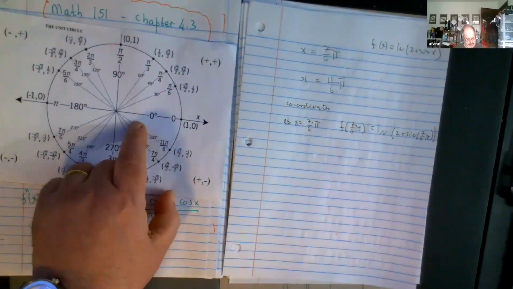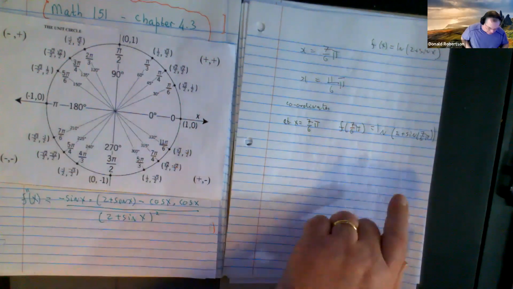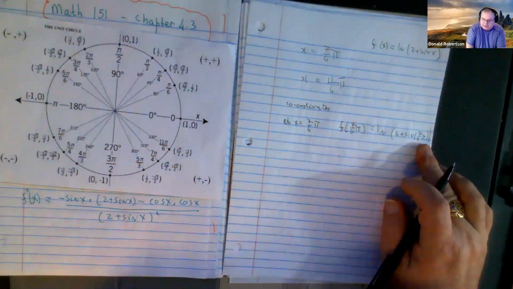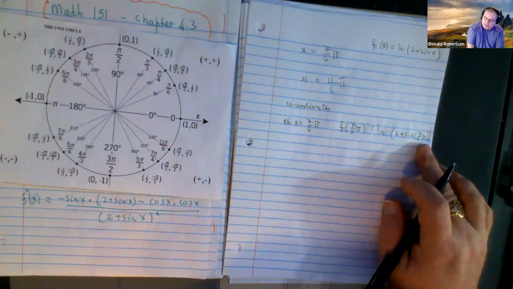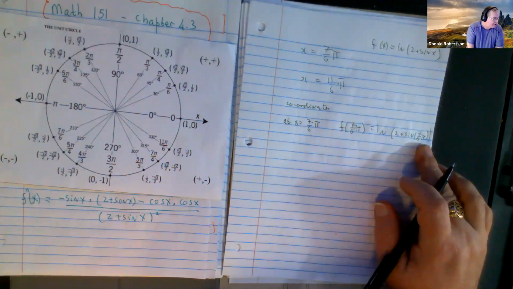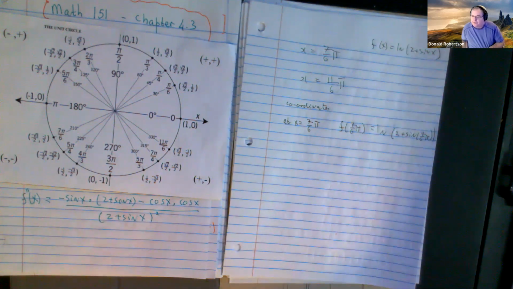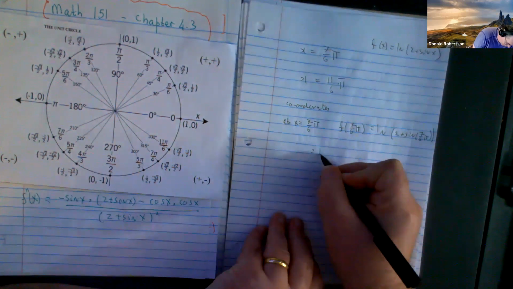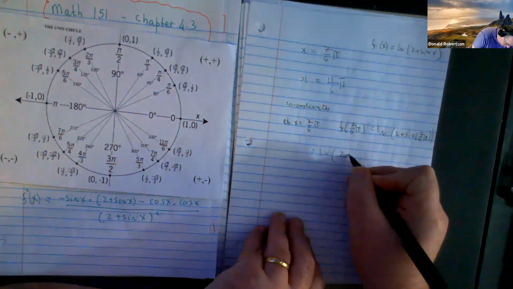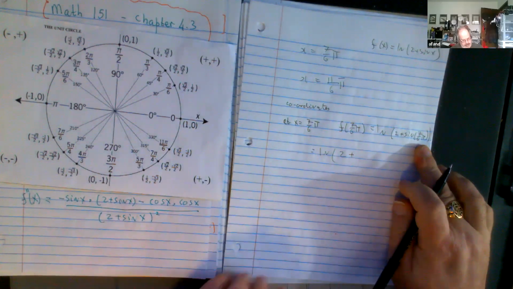One of these unit circles is really indispensable for getting exact values. Don't plug that into the calculator and find out it's 0.1234. Nowhere did they mention rounding things off. So if you don't see 2 decimal places, you know you have to do it the hard way, which means it's going to be some ugly answer sometimes, right? They just are. Now, in this case, then, it's going to be the natural log of 2 plus the sine of 7π/6.